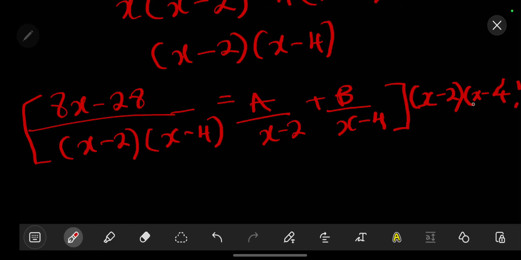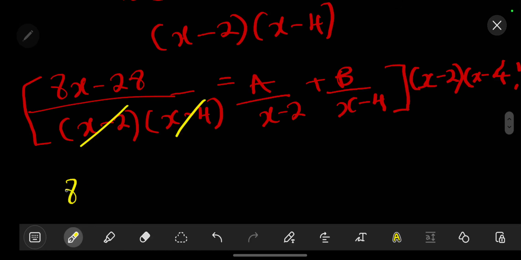Now when we multiply this throughout, this value multiplies by this, it cancels this, it cancels this, and this cancels. We are going to remain with 8x minus 28, which should be equal to this one, and this one cancels.